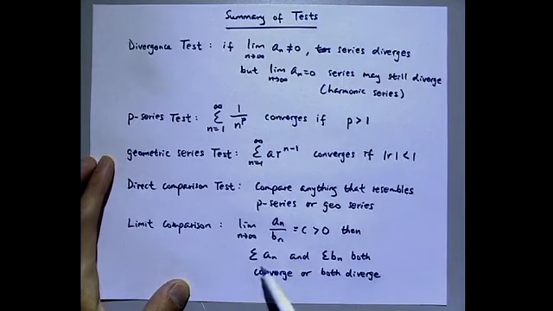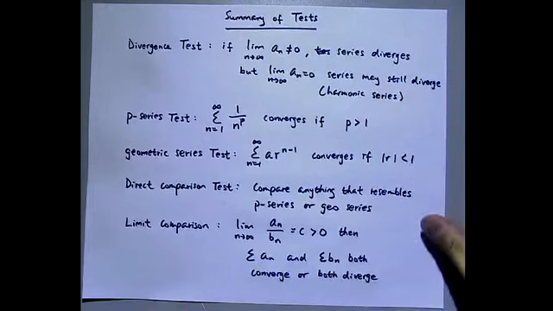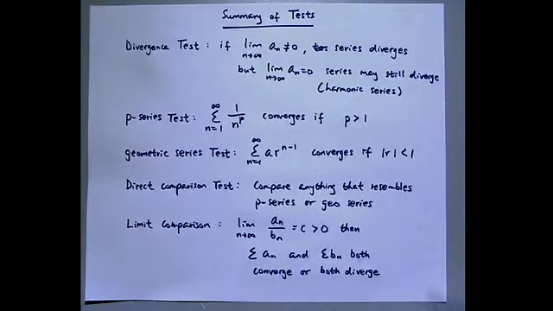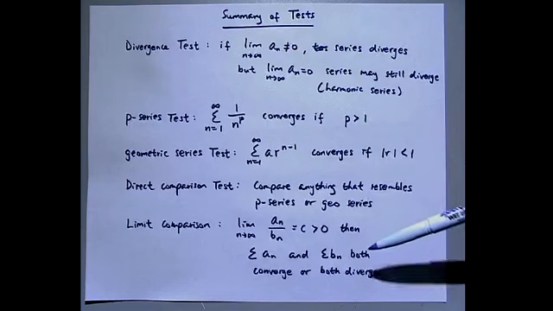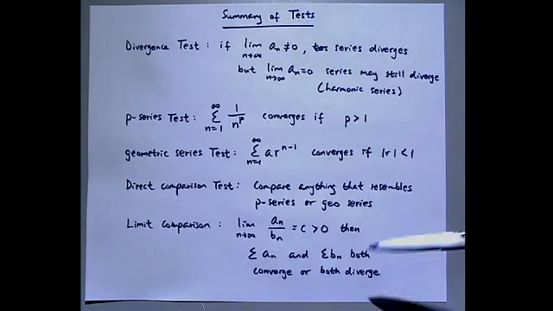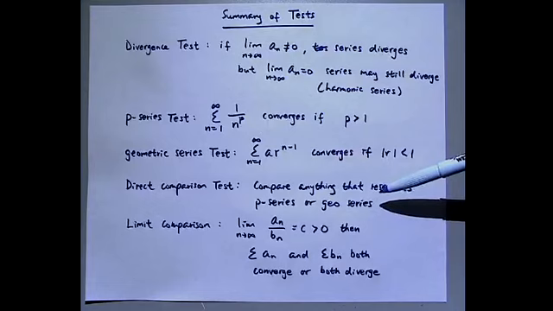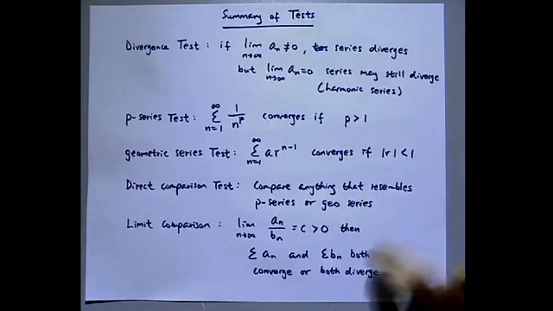Okay, notice I dropped the starting and end. So when you see a sigma, just think it is implying that we start at any n but end at infinity. And in many cases, the limit comparison would be a little bit easier to use than direct comparison, but not always. So I'll give you examples again after the summary is completed.